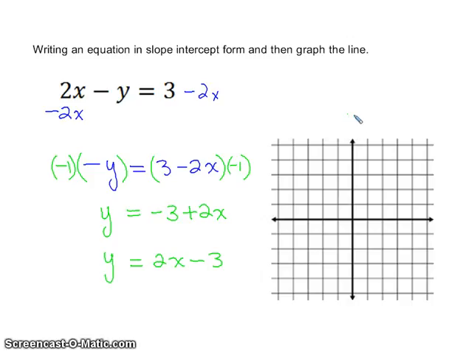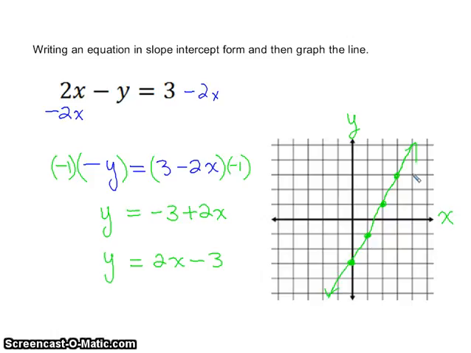So let's graph that, labeling our graph. So we have our y-intercept is -3, and our slope is 2, and remember, it has a ghost 1 underneath it, so it's 2 divided by 1, rise over run for our slope.